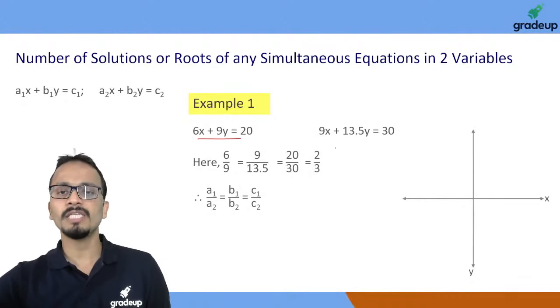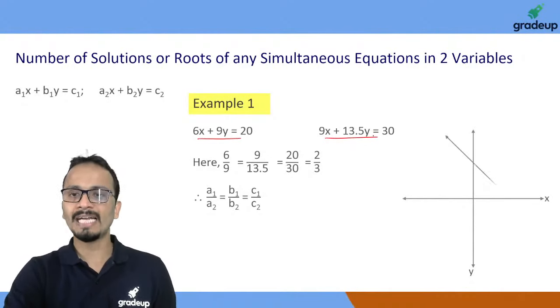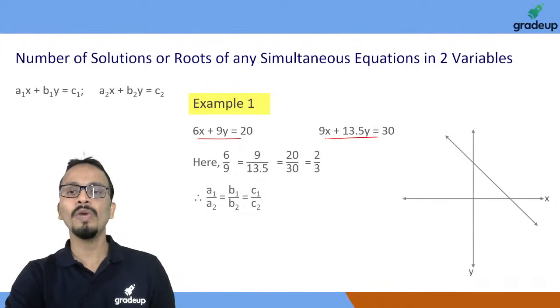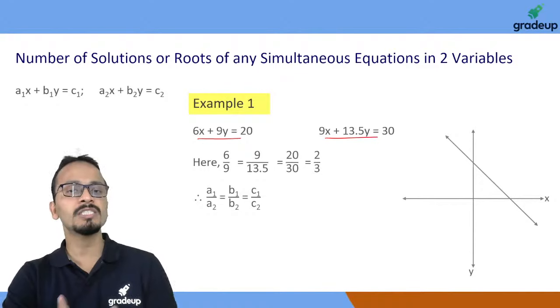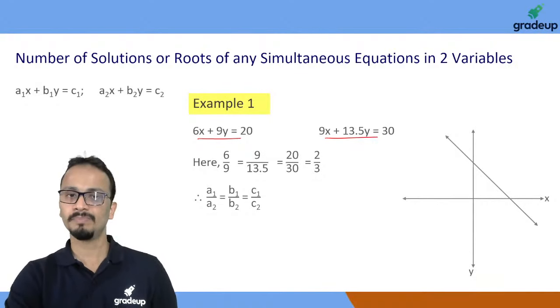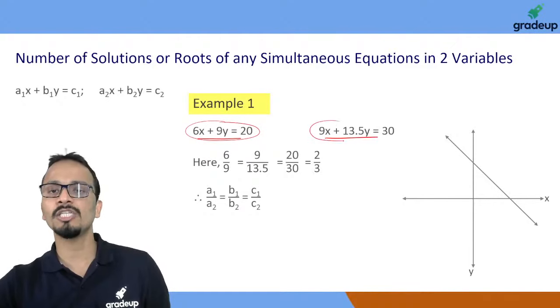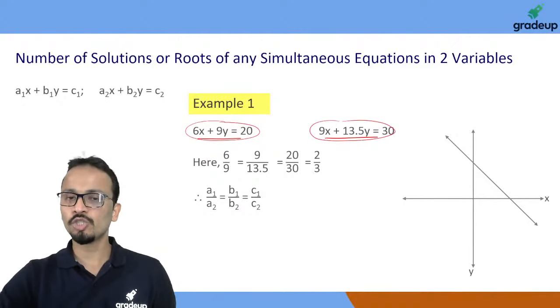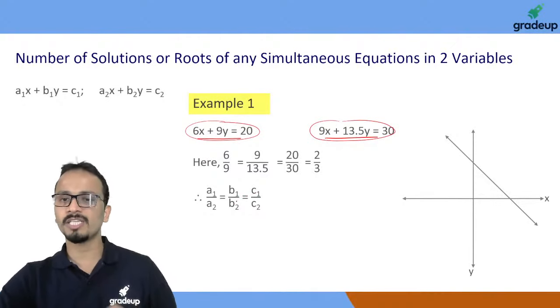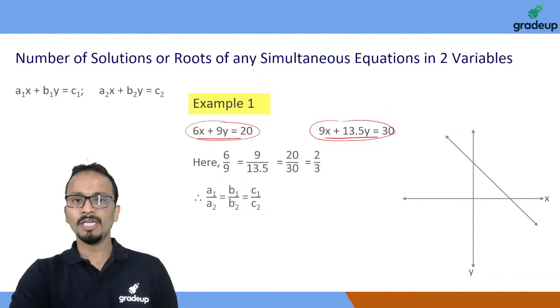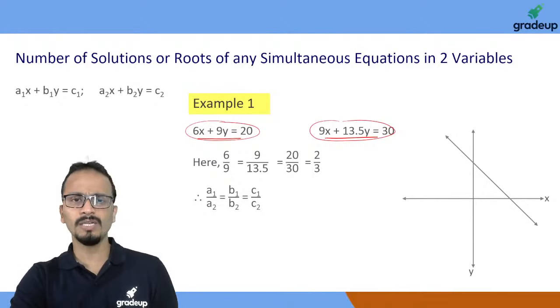Now, if you plot these two lines, you will observe that they overlap each other, because these two equations are actually the same. If you look at both these equations, they are the same as the ratio of their coefficients is equal. So in such a case, when the ratio of the coefficients is equal, you will get lines which are overlapping each other.